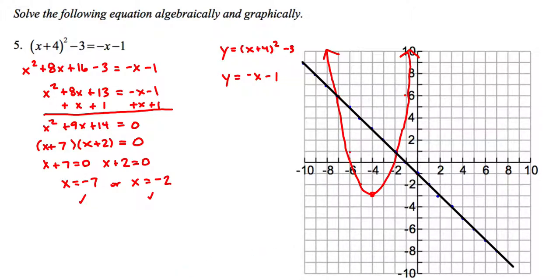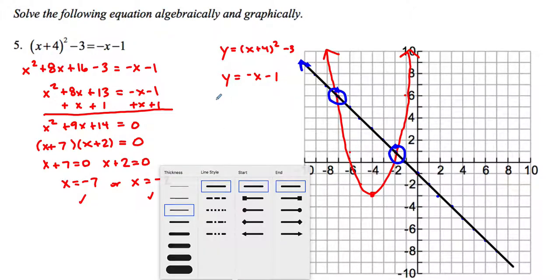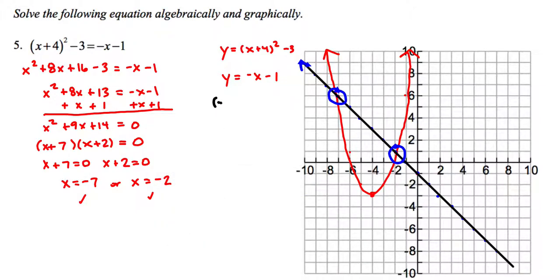All right, so in all seriousness now, we've got an intersection point there, and we have an intersection point right there. You'll see that this one is back at −7, 1, 2, 3, 4, 5, 6. So we're at the point (−7, 6).